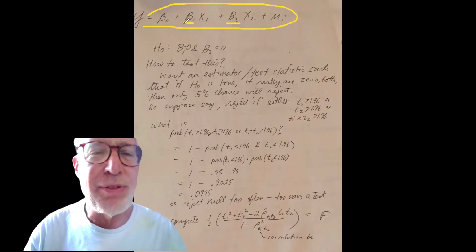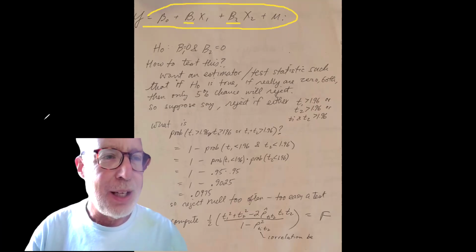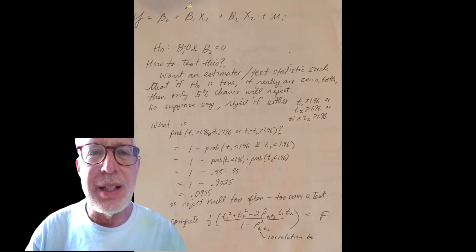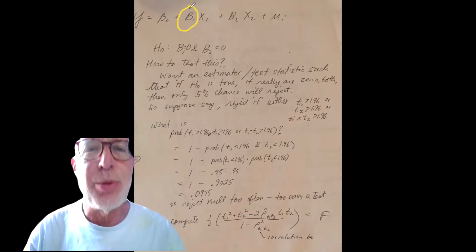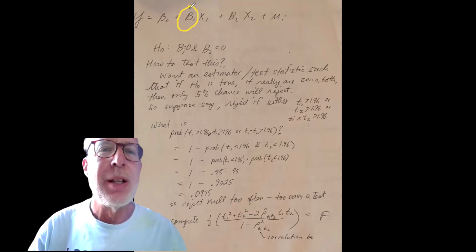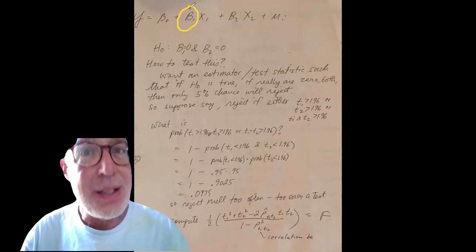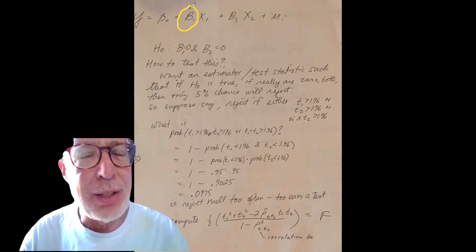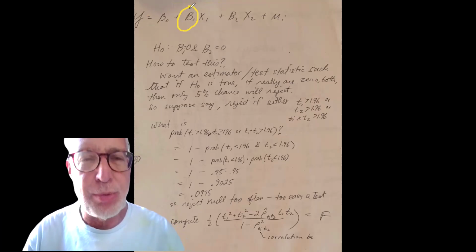Remember, that's different from our earlier usual test, which is the test that b1 equals 0. To conduct that test, we construct a test statistic, a t-stat, and we know that the t-stat follows the standard normal distribution.